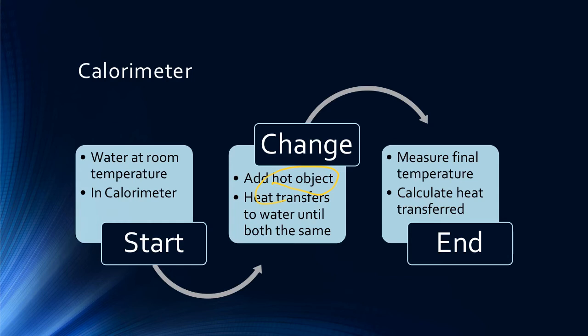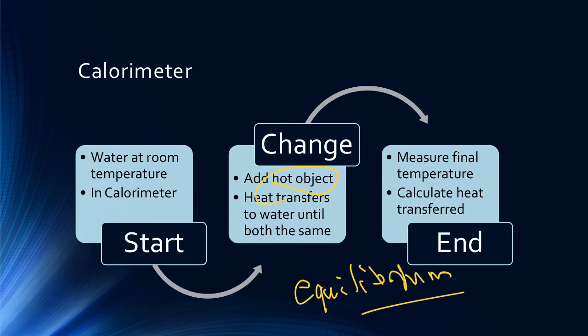Now, it's not going to be a dramatic change in the water, but it's going to heat it up a few degrees. At some point, the metal will have cooled off, given off some thermal energy. The water absorbed that thermal energy, which raised the temperature a little bit, and then it reaches what is called equilibrium. Okay?